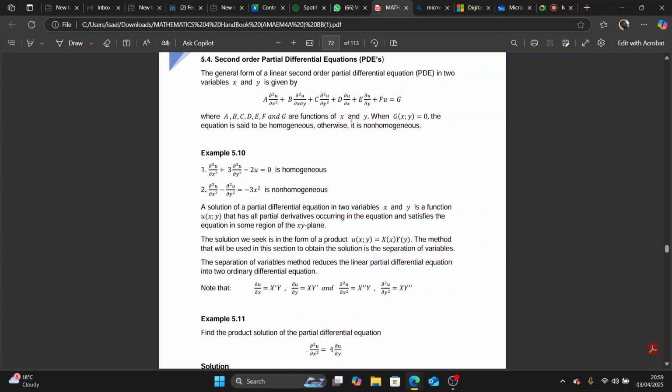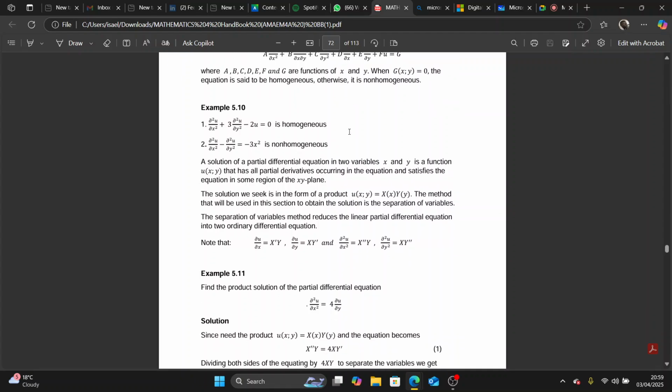G is a function of x and y. When G(x,y) is equal to 0, the equation is said to be homogeneous. Otherwise, it's non-homogeneous. Basically, what I want to show here is you can have partial derivatives, and they are usually homogeneous or non-homogeneous. How do you know whether this is homogeneous or non-homogeneous, manager?